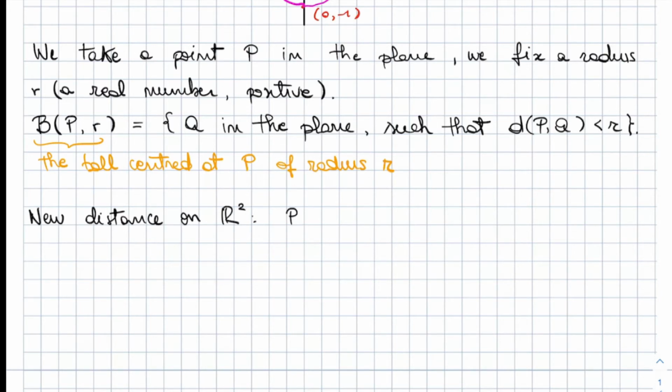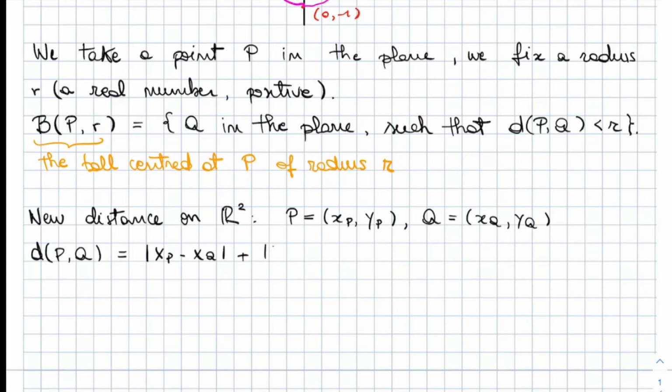Well, we take two points, P equals (xp, yp) and Q equals (xq, yq), and we define the distance between P and Q to be the sum of the absolute value of xp minus xq plus the absolute value of yp minus yq.